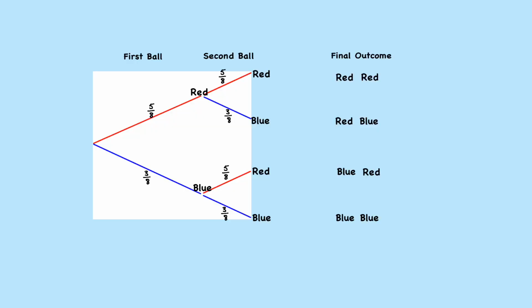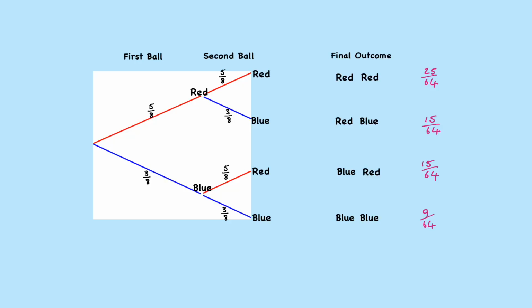Often it is good practice to fill in the probability for each final outcome at the beginning, like this. It makes it a lot easier when we come to answer the questions to already have the probabilities of each outcome worked out. So that, for example, is 5/8 times 5/8, which is 25/64, and so on. Also, in probability, you should know that all the outcomes should add up to 1.